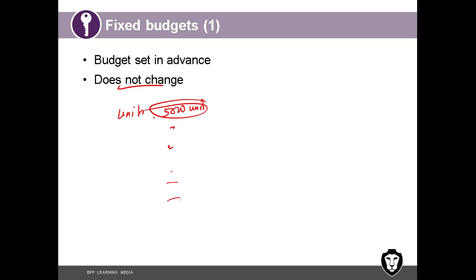The problem: are you sure about 5,000 units? No, I'm not 100% sure, but I think it's going to be 5,000 units. Then we go to a second step. At the planning stage itself, we say, okay, if you're not so sure about 5,000 units, what are the different possibilities? 4,000 is possible, 5,000 is possible, 8,000 units is also possible.